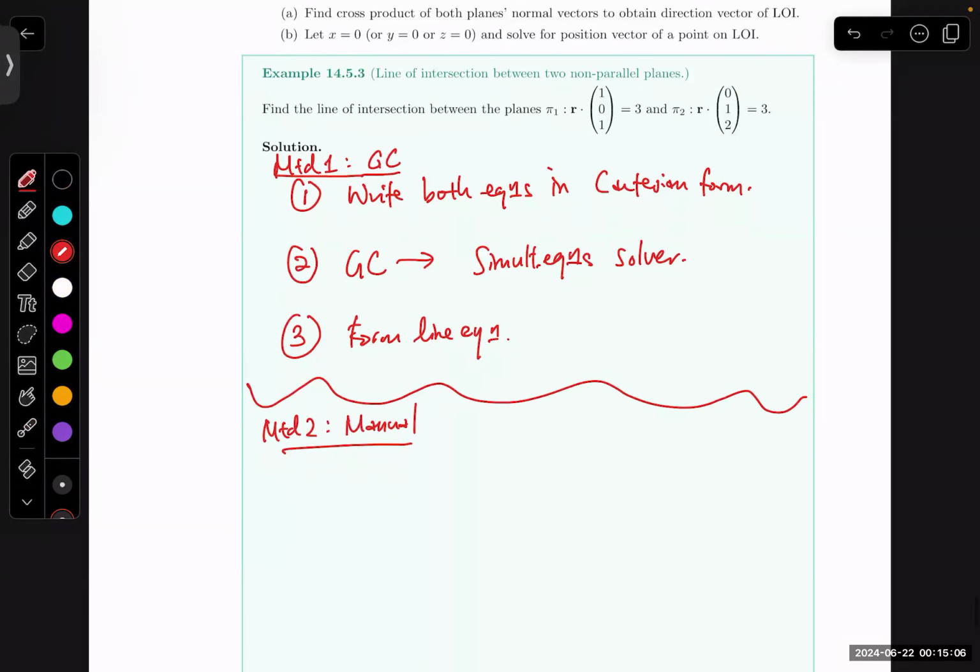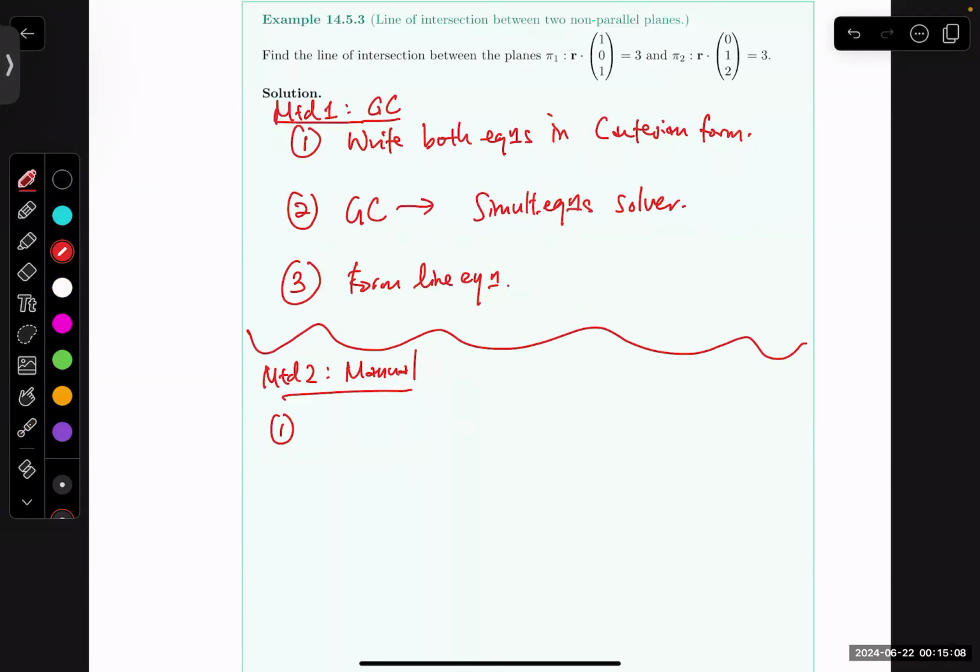Same thing, I write both in Cartesian form. My two planes are pi1: x plus z equals 3, and pi2: y plus 2z equals 3.